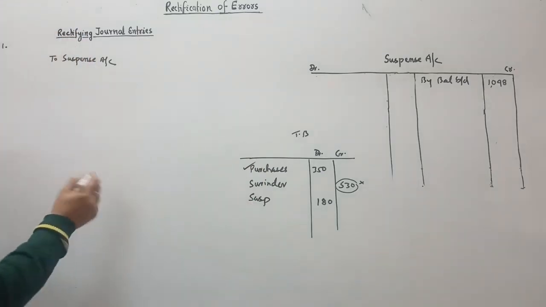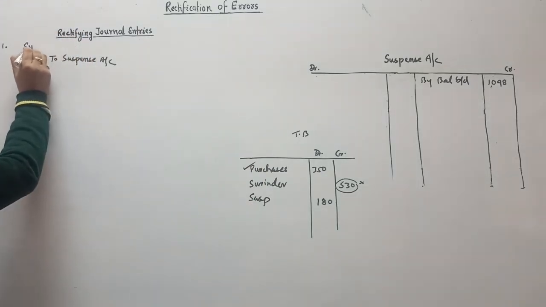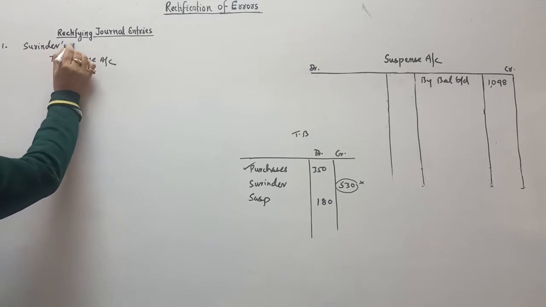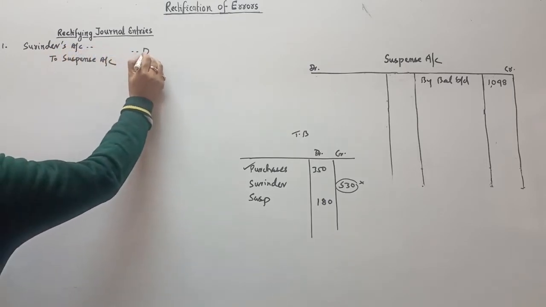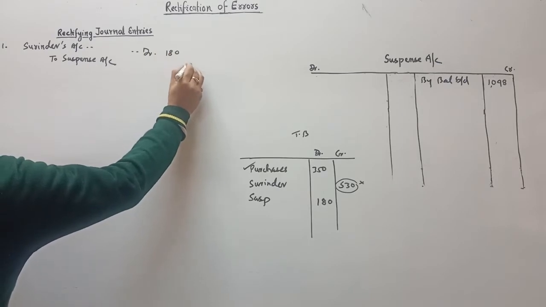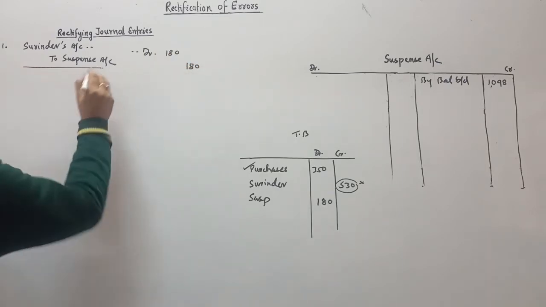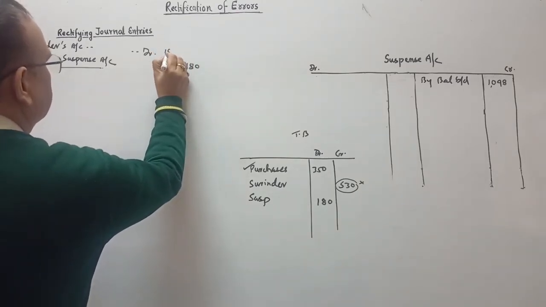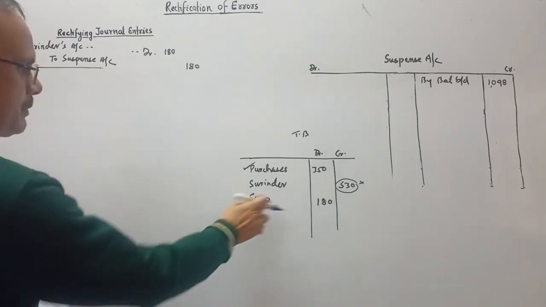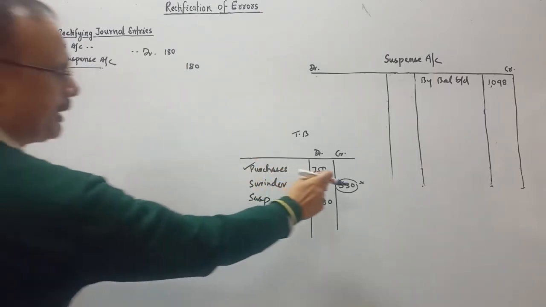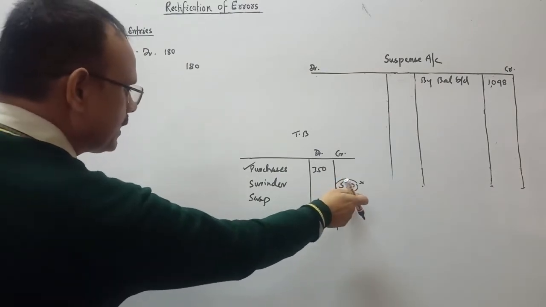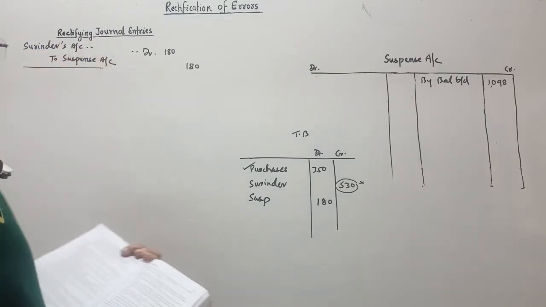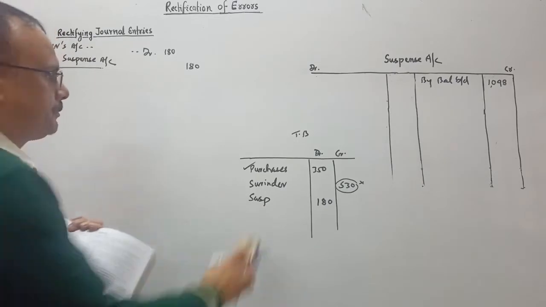So Surinder's account will be debited by 180, because we have written 180 excess in his ledger. So we write the excess amount on the opposite side of his ledger, the debit side. Now it is rectified.